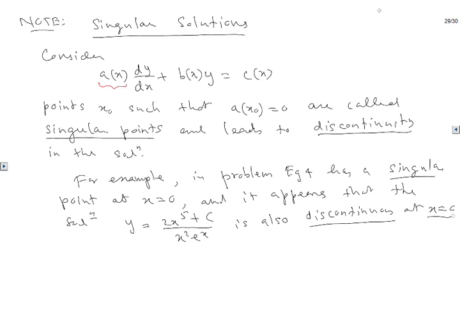So that's what happened: the singularity carries over to the solution. Good. Those are what we call singular solutions. So this is a singular solution that doesn't exist at x equals 0. Okay, so that's a nice observation.